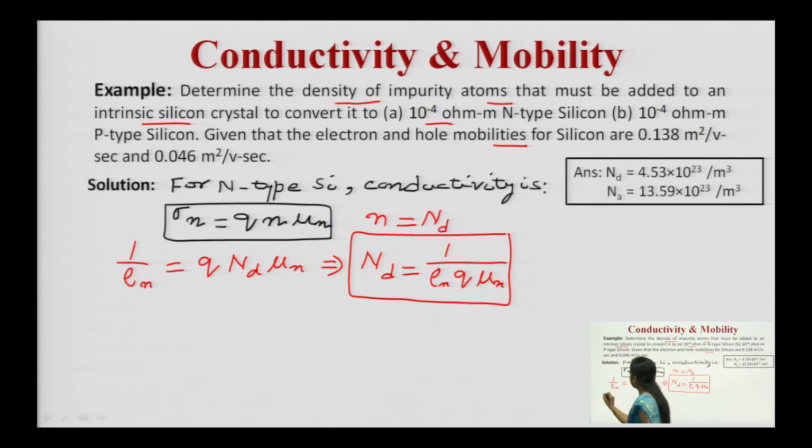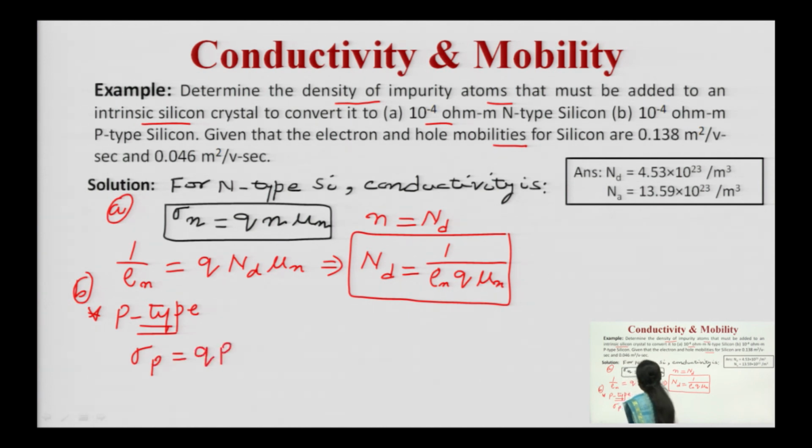Now, if you are going to calculate for the P type, second case B, this is the first case. In that particular case, for holes, you will write it as Q p into mu p. Here also P is the density of the acceptor atoms.